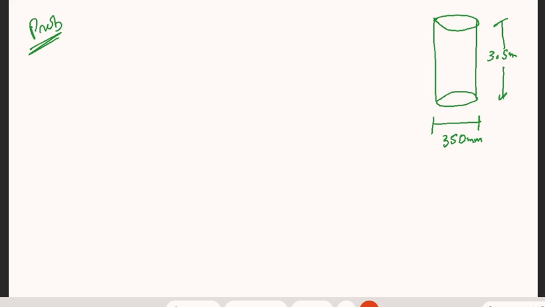And now it has to support an actual load of 6,000 kilonewton. Fine.